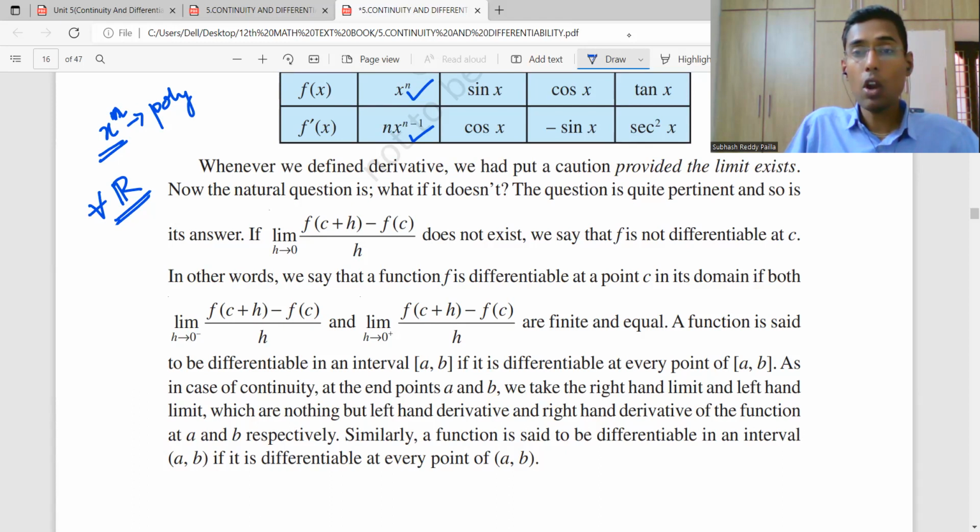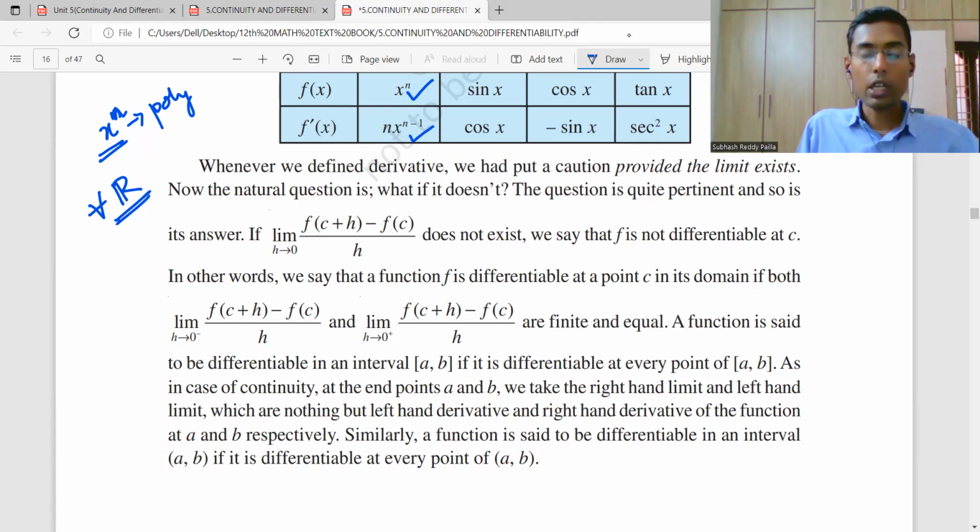All real numbers, but not odd multiples of pi by 2. We have to remove 2n plus 1 pi by 2, because pi by 2 is not in its domain, so you need not check it. So they are continuous functions and also differentiable functions. Differentiable functions are automatically continuous, no doubt.